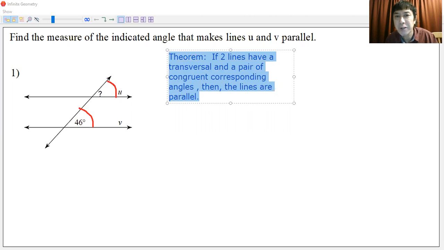So if two lines have a transversal and a pair of congruent corresponding angles, then the lines are parallel.